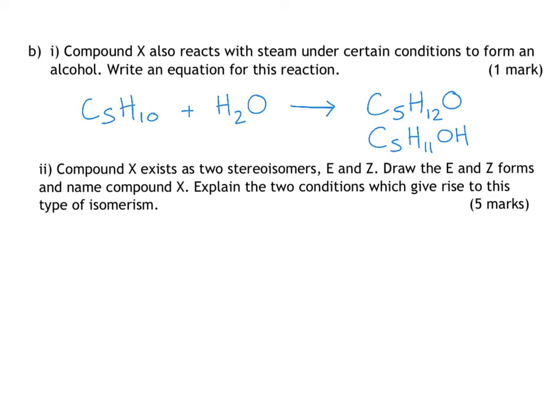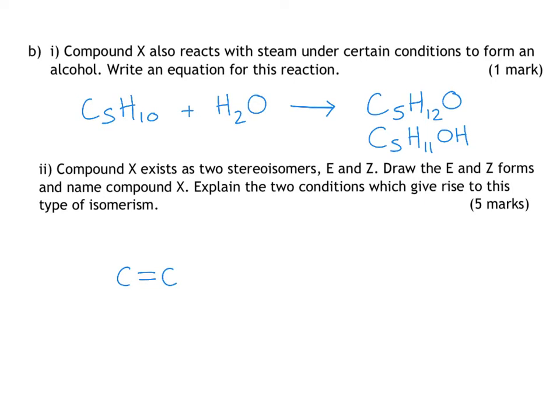Then we're told that compound X exists as 2 stereoisomers, which is why, incidentally, I happen to know that it's not pent-1-ene, so it can't be a double bond at the start of the chain. So it has an E and a Z form. So I know it's got 5 carbons and I know it's got a double bond.